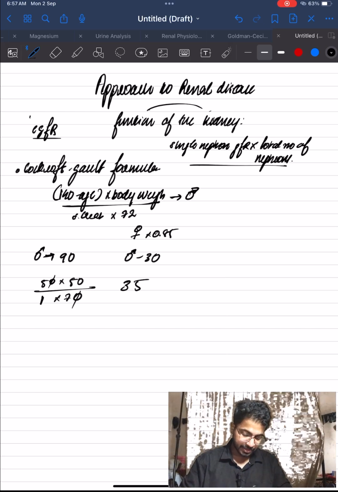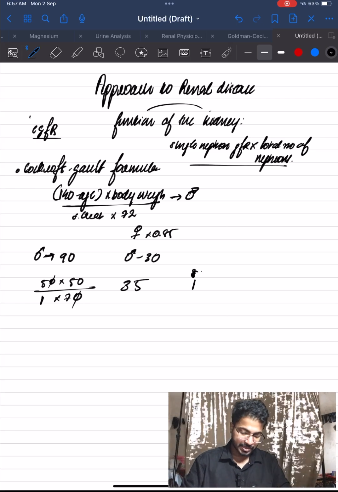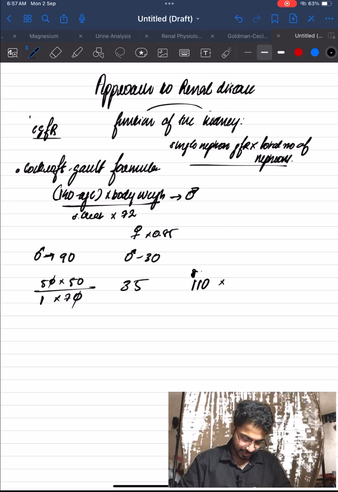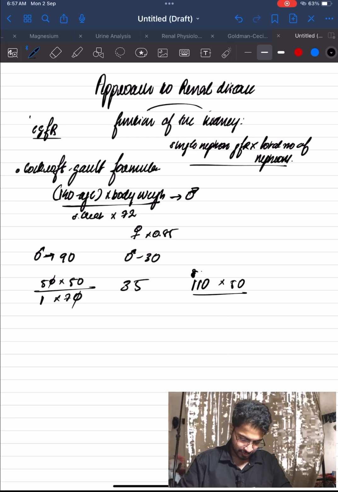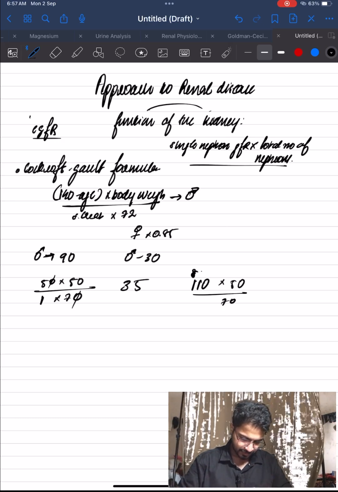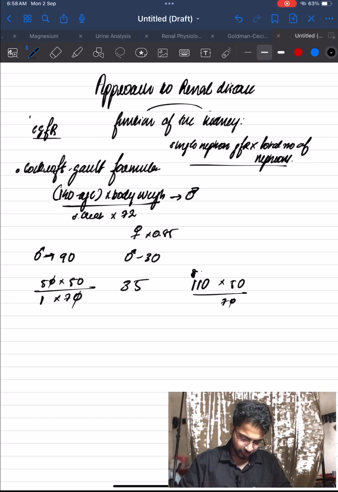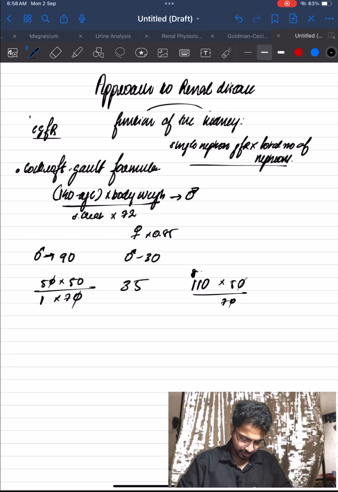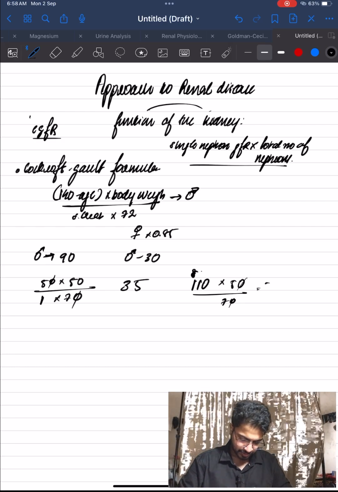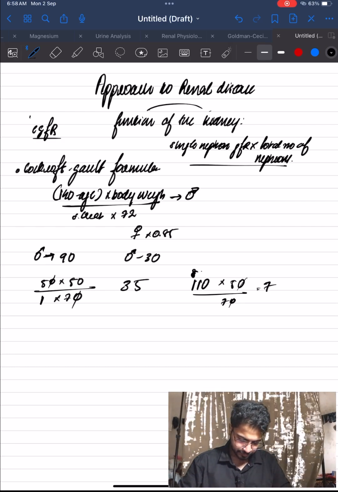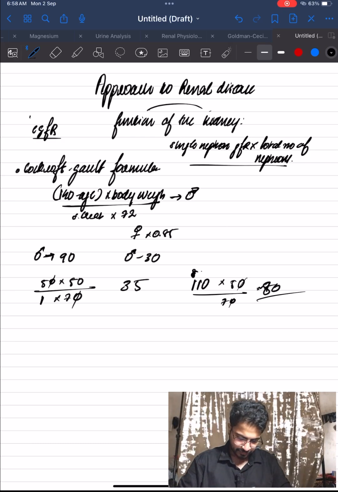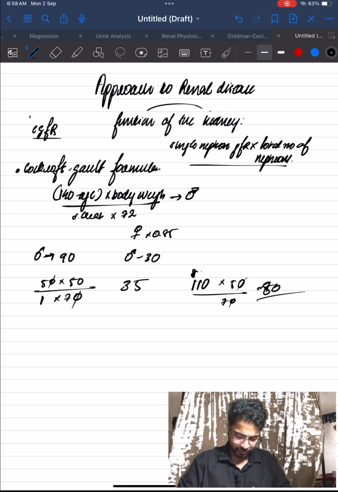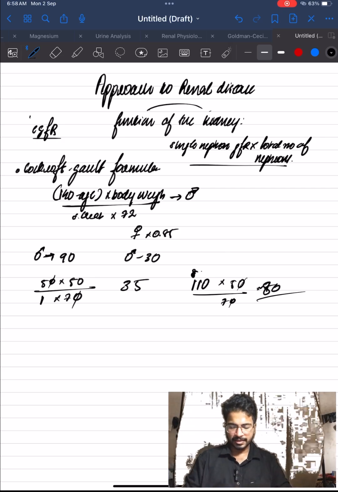For a patient with the same creatinine but of age 30, how will it be? It will be 140 minus 30, 110, into body weight 50, divided by serum creatinine. So 550 divided by 7 is approximately 80.